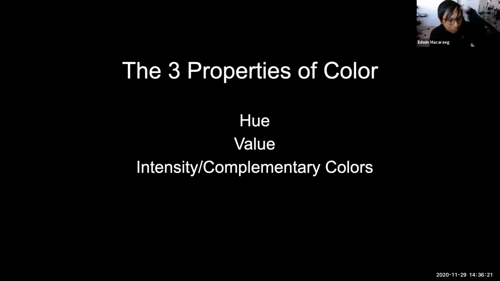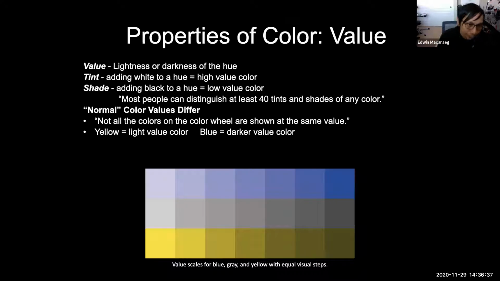So there are properties of color, and these are those properties: hue, value, intensity, and complementary colors. And we're going to break down these properties. So when it comes to value, we are talking about the lightness or darkness of the hue.